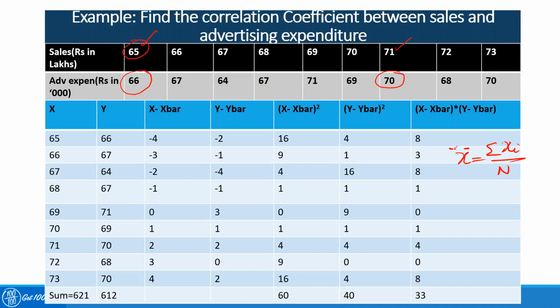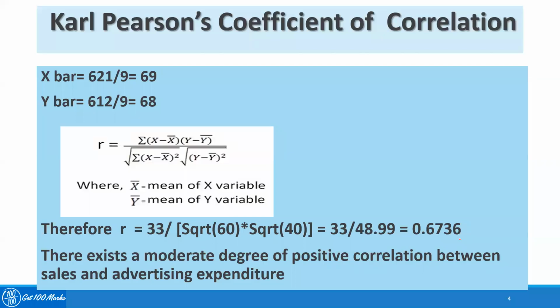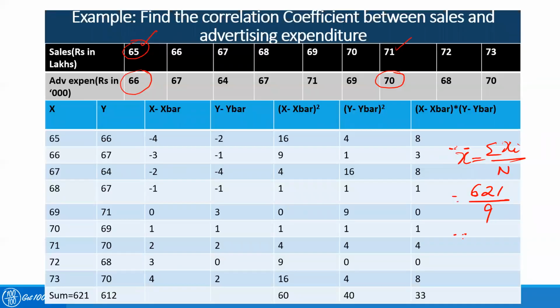We see 621 divided by the number of observations, 1, 2, 3, 4, 5, 6, 7, 8, 9, so nine observations. The value of x bar comes to 69.